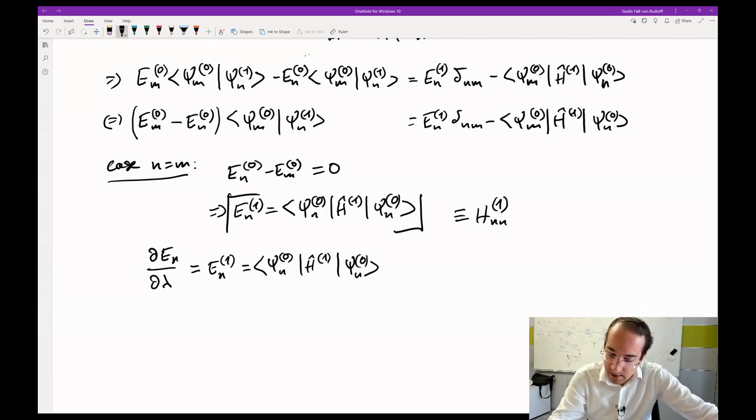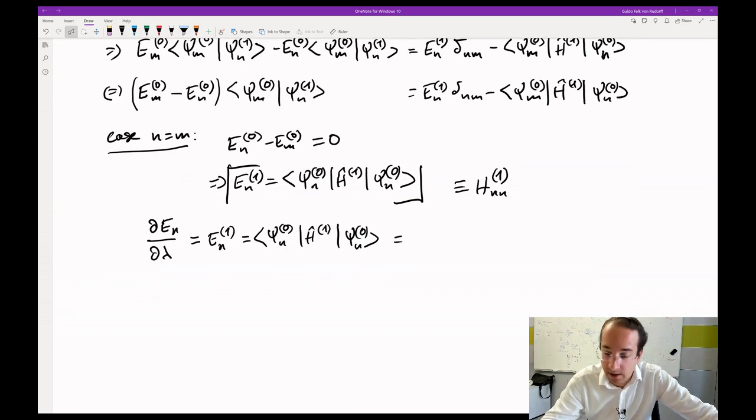And this then is, if you remember the identification of the individual terms that we had in the Taylor expansion, where we started, this H1 was the change of the Hamiltonian with respect to our interpolation parameter lambda.